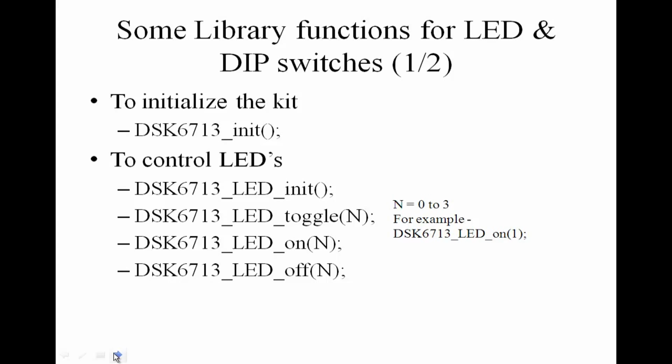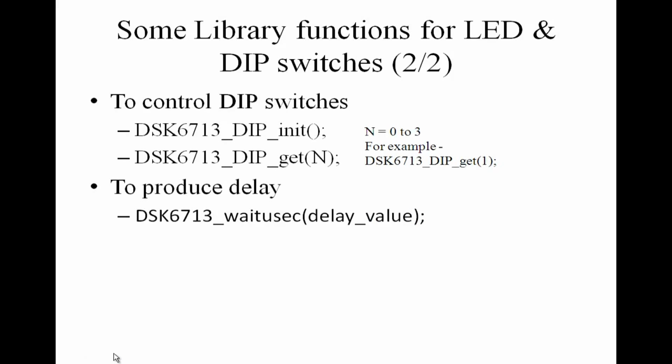To turn that particular LED on, we have another function, DSK6713_LED_on, and same for off. If we want to work with the DIP switches, we have two functions. One is to initialize the DIP switches, and second is to get the values from that particular DIP switch.